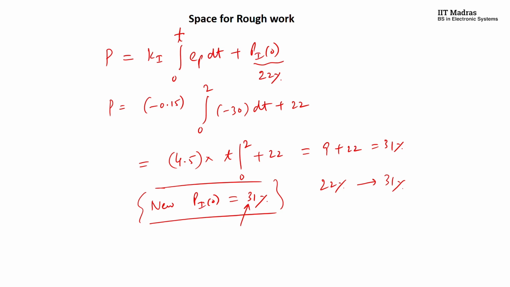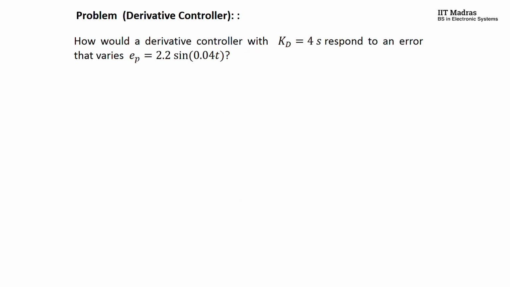Okay. Now let's try to understand one problem on derivative control. What does it say here? How would a derivative controller with Kd equal to 4 seconds respond to an error that varies sinusoidally? So it's around e(t) is equal to 2.2 sine of 0.04t.